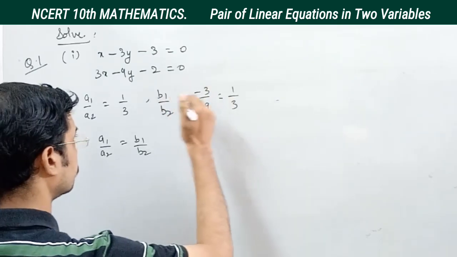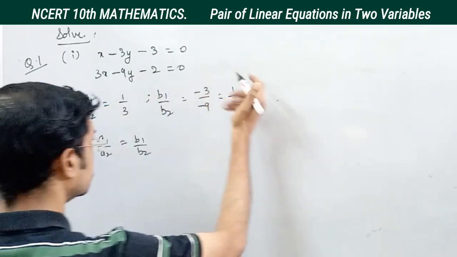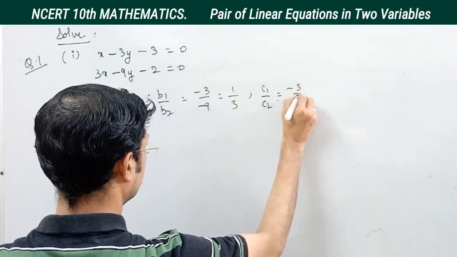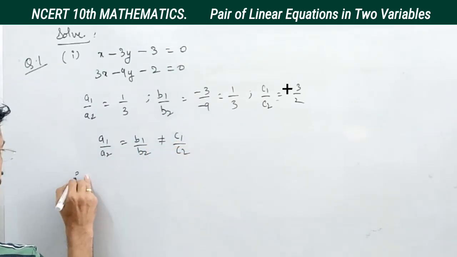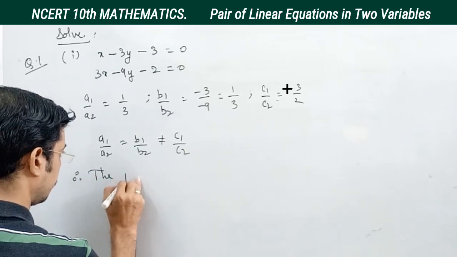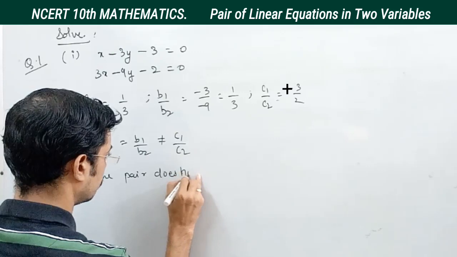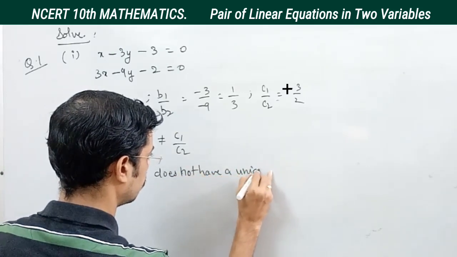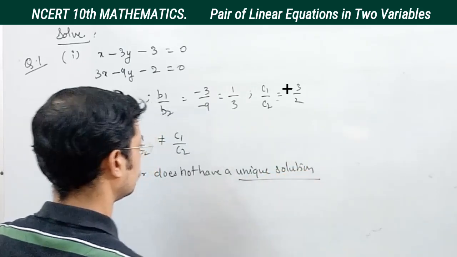Now let us see the third case. The third case says that c1 by c2 is not equal to the ratio a1 by a2. Therefore the given pair does not have a unique solution.